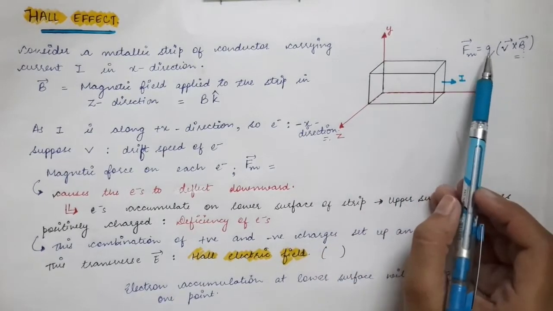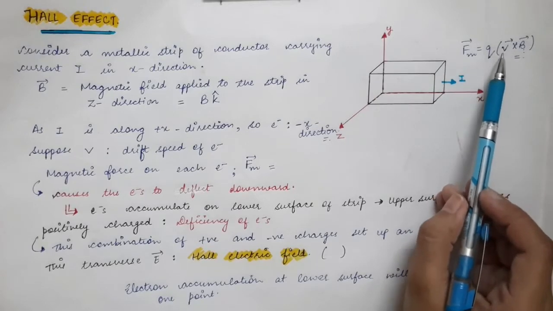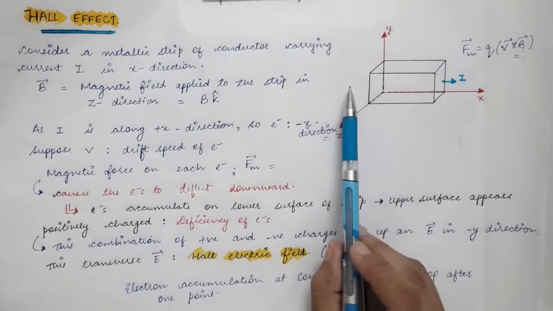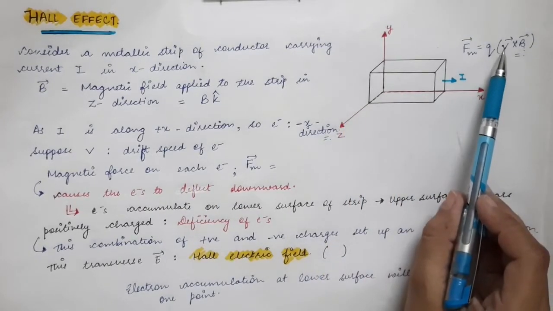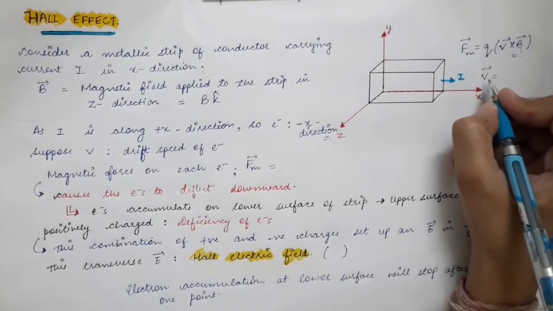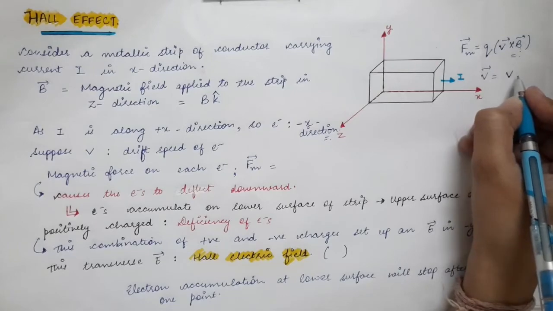Now what is the charge on the electron? That is given by minus e. And what is the velocity? As we have said that electrons are moving along the negative x-axis direction, so the v vector for the case of electrons will be given by v, which is the magnitude, times direction.